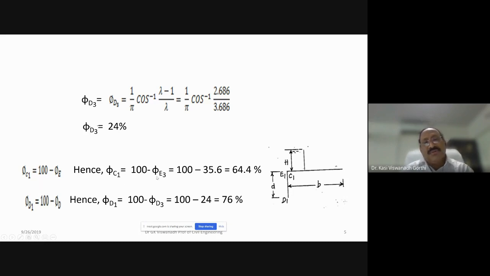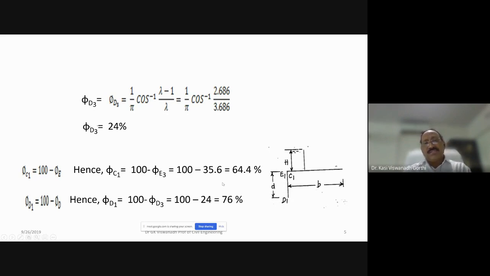So 100 minus phi E3 here in this case, 100 minus 35.6, so 64. Similarly, at phi D1, 100 minus phi D, so 100 minus 24, 76. You now have the pressures at the end sheet pile and the sheet pile at the beginning also. For pile line 1, phi C1 would be equal to 100 minus phi E3 and phi D1 will be equal to 100 minus phi D3.